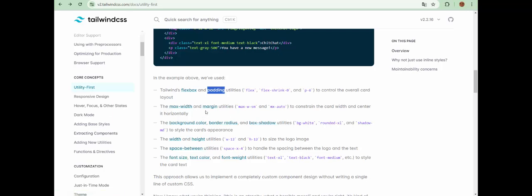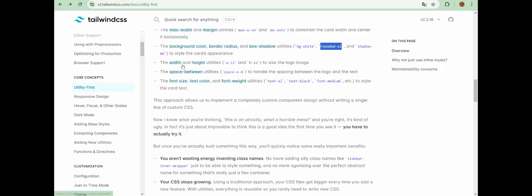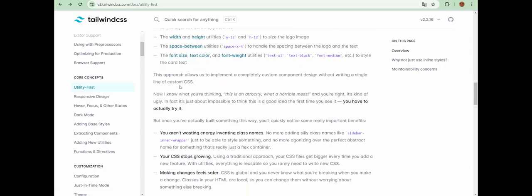Why do they write about that? The max width and margin utilities, and all others: box shadow, background white, rounded XL, width and height, space between, font size, text color, all this. This approach allows us to implement a completely custom component design without writing a single line of custom CSS.